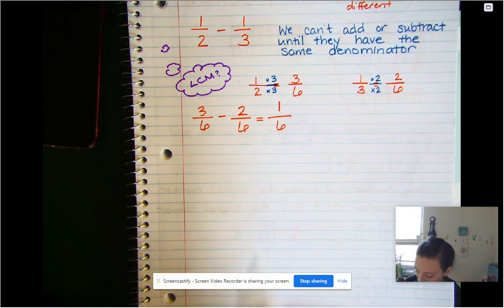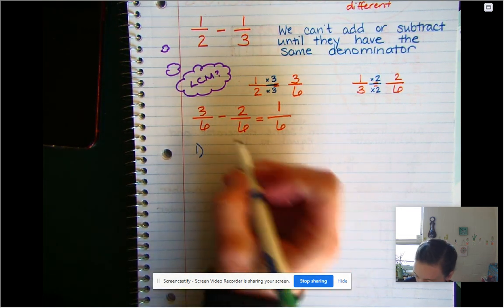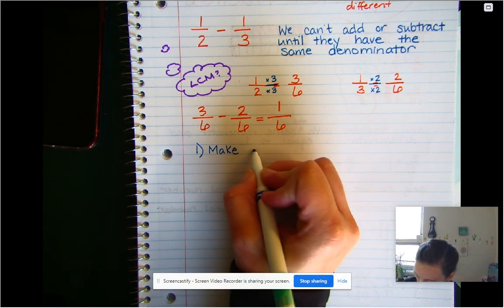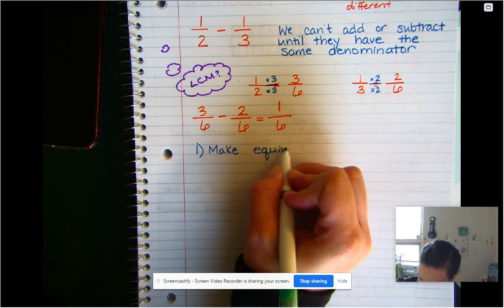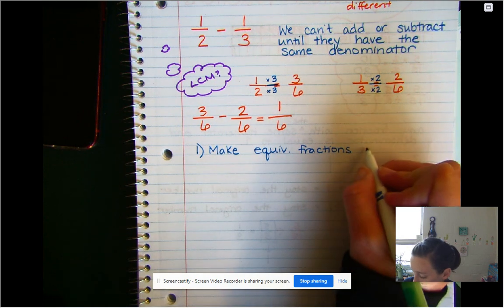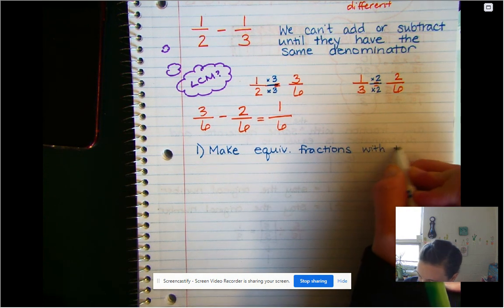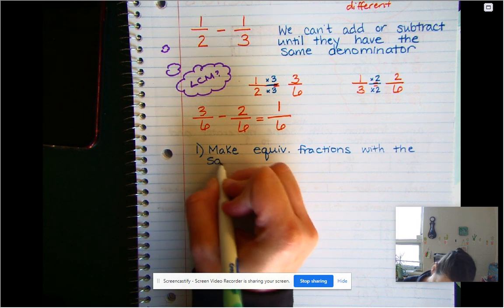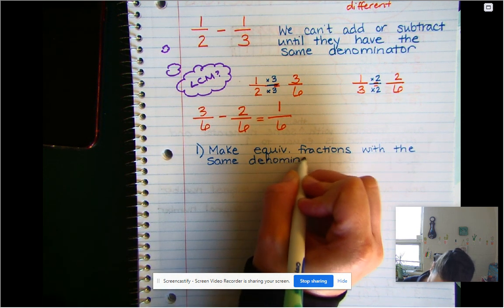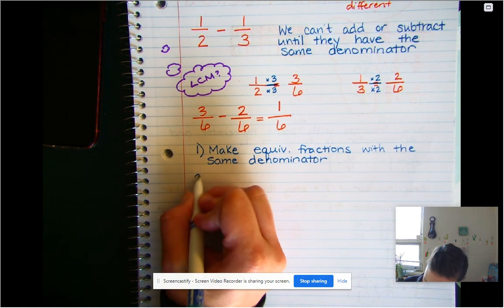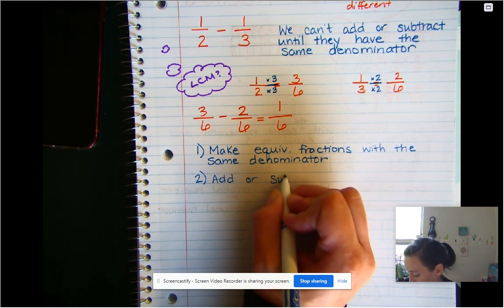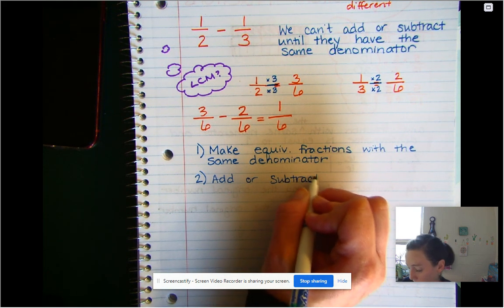So the steps are to make equivalent fractions with the same denominator, and then add or subtract, whatever it's telling you to do.